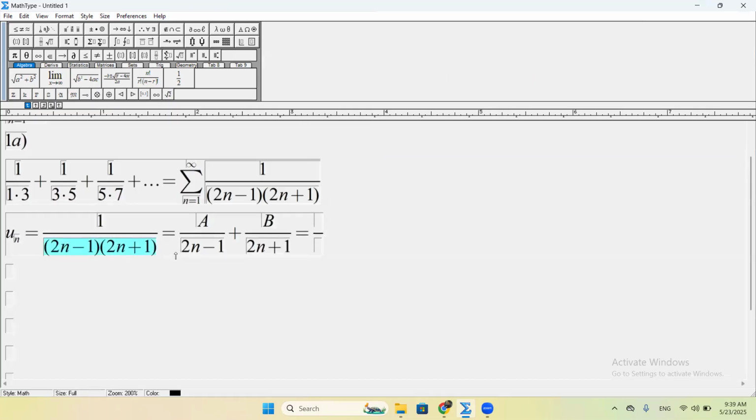So with the common denominator, having a multiplied by 2n plus 1 plus b multiplied by 2n minus 1.